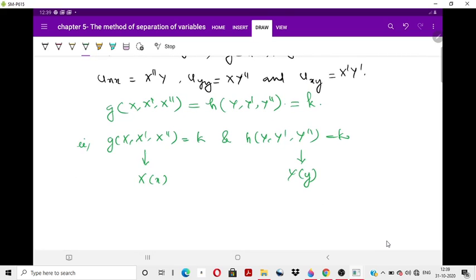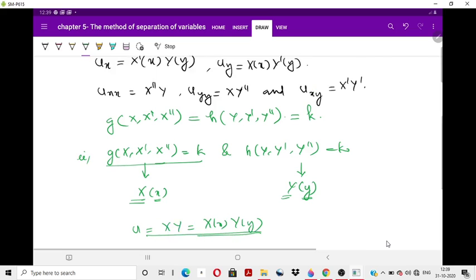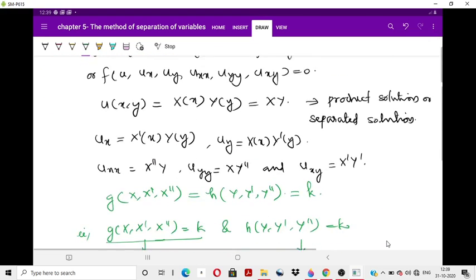The first is an ordinary differential equation with dependent variable capital X and independent variable small x. Similarly, the second is a second order ordinary differential equation with dependent variable capital Y and independent variable small y. Solving these two equations, we get X of x and Y of y, so that u equal to X of x into Y of y is the solution of the given linear partial differential equation.